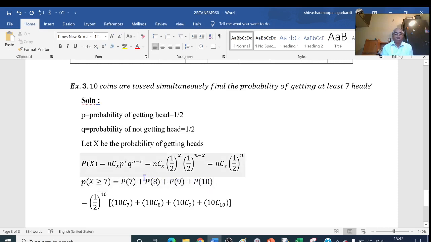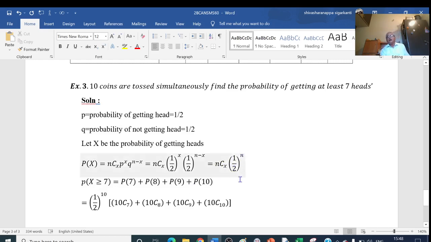This is equal to P of 7, that is here 10C7 1 by 2 to the power of 10, plus P of 8, that is 10C8 1 by 2 to the power of 10, plus P of 9, 10C9 1 by 2 to the power of 10, plus P of 10, 10C10 1 by 2 to the power of 10.